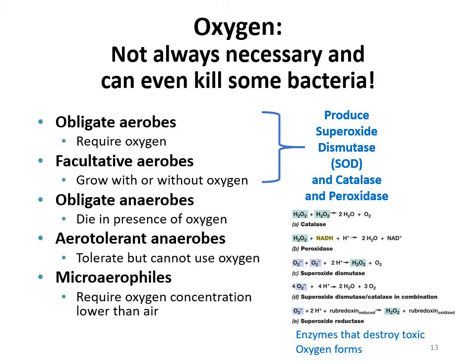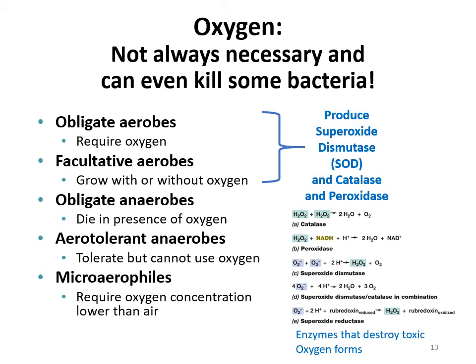Now, if a cell has what's called superoxide dismutase, SOD, I have it written in blue on the slide. You can circle and put stars next to that word, superoxide dismutase. If a cell can make that enzyme, then it can break down or convert free radicals to safe oxygen.